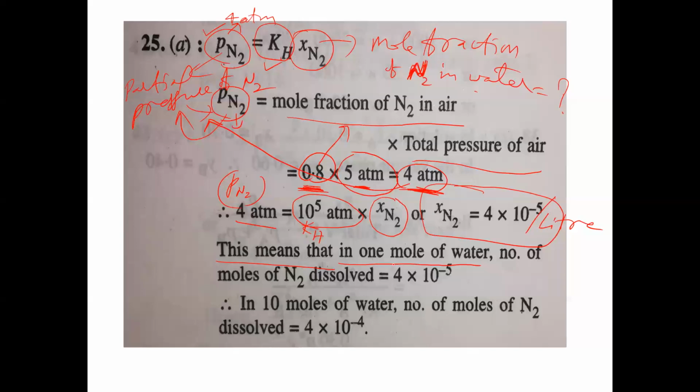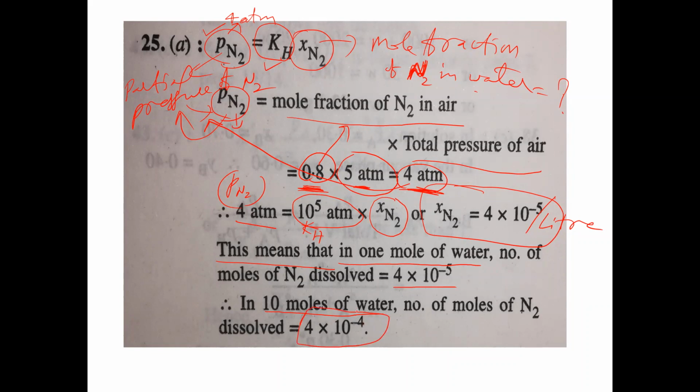This means that in 1 mole of water, the number of moles of nitrogen dissolved is 4 into 10 power minus 5 moles. Then in 10 moles of water, how much? 10 into 4 into 10 power minus 5, that is equal to 4 into 10 power minus 4. This is the number of moles of nitrogen dissolved.